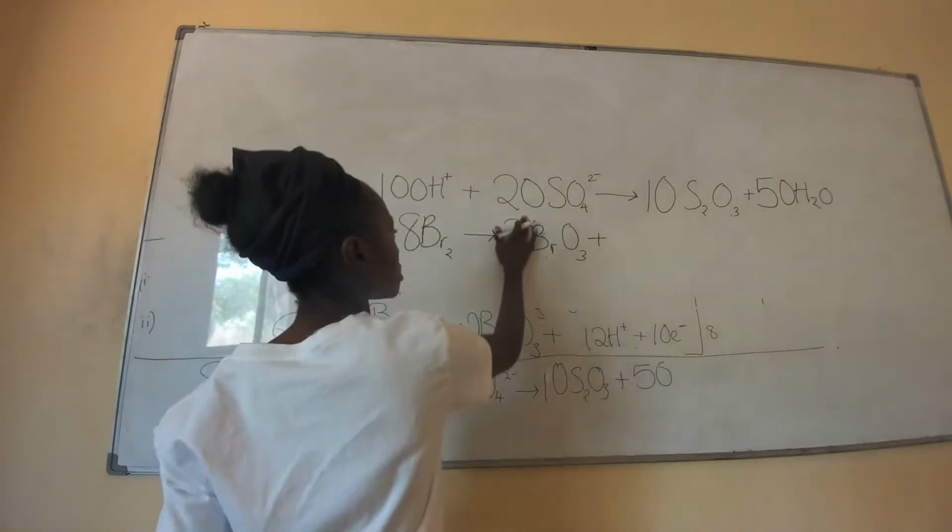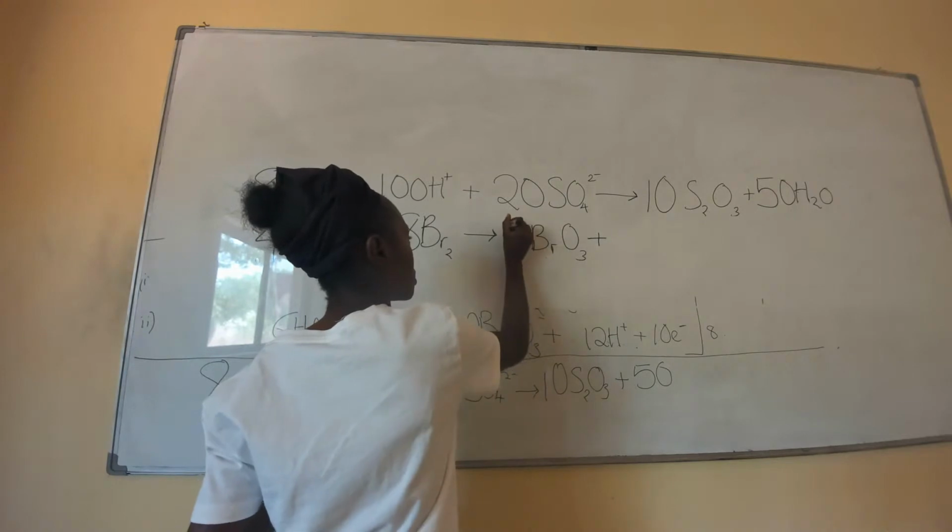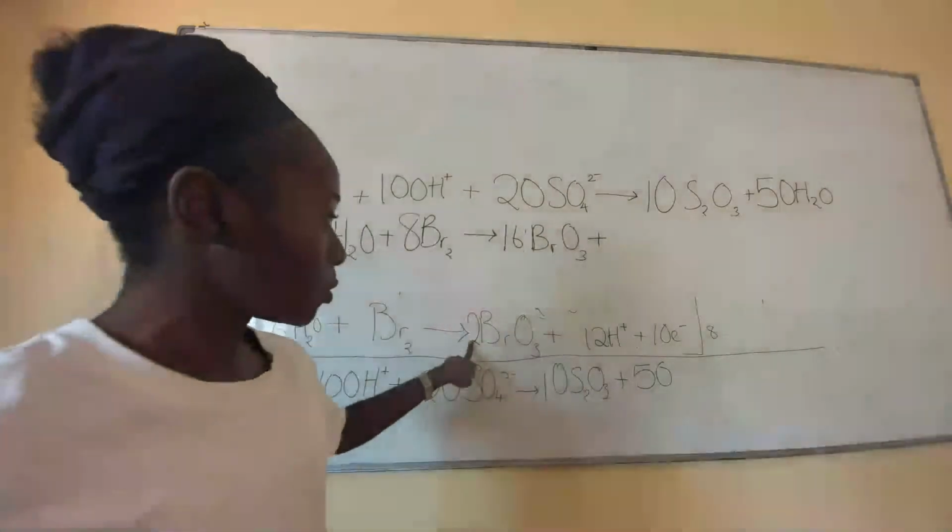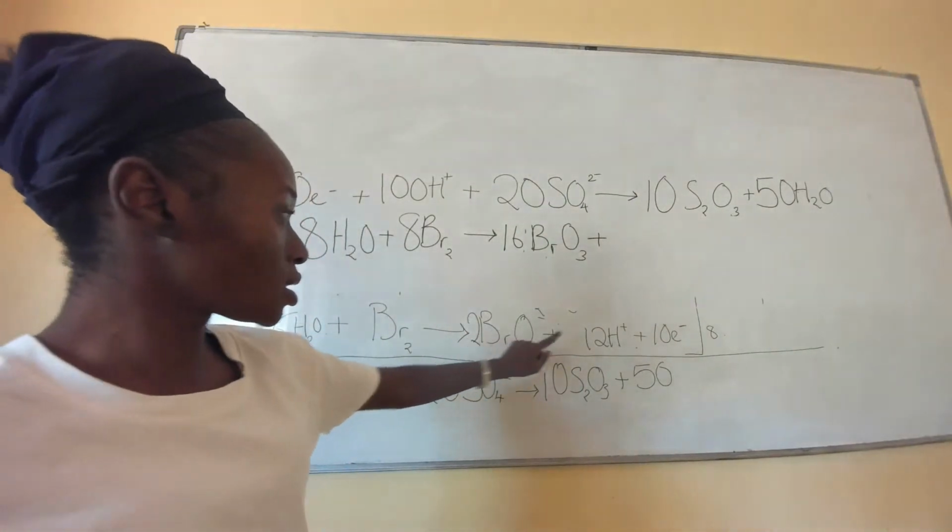Sorry, this becomes 16. When you multiply the 8 by 2 it becomes 16.